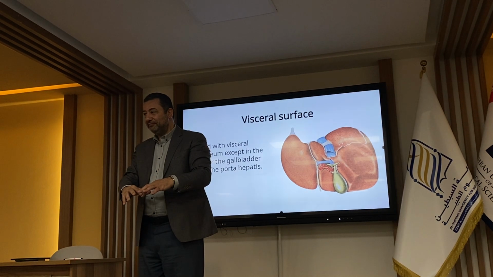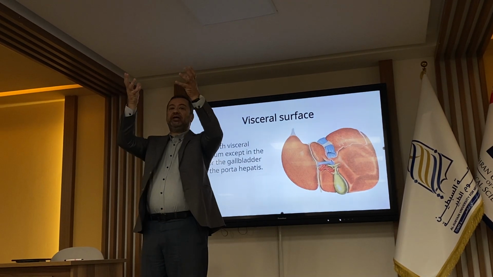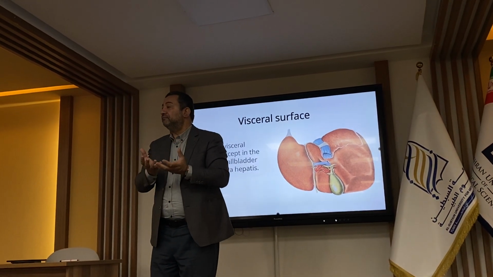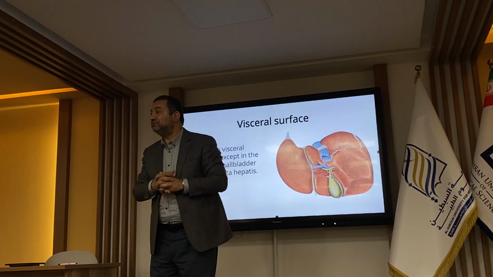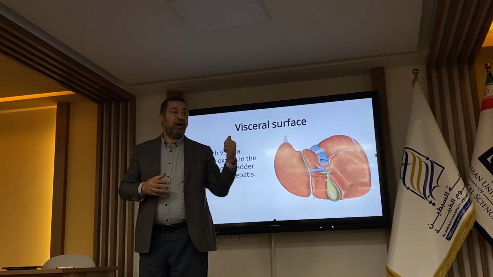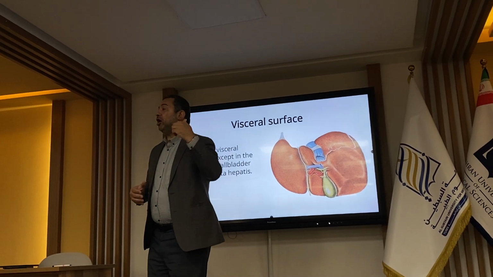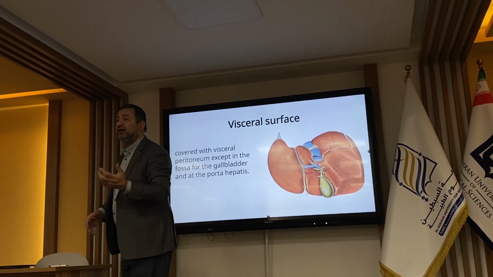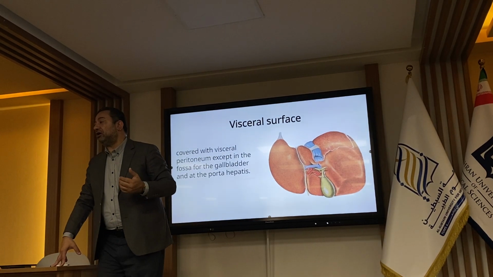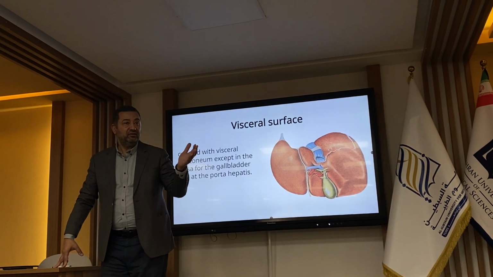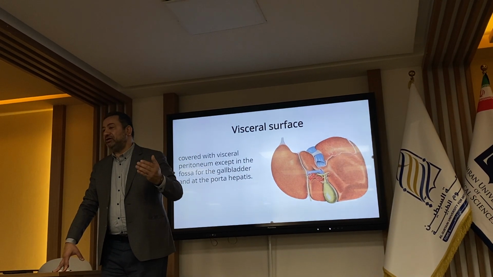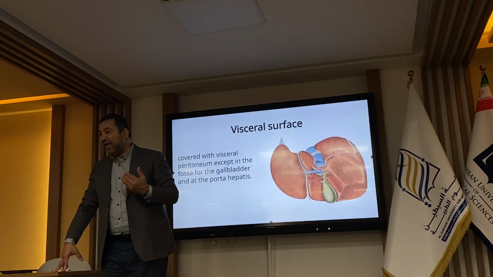Yeah? It's attached to the diaphragm, and visceral peritoneum covers the liver, except the posterior surface that is attached to the diaphragm. This part of the posterior surface of the liver, attached to the diaphragm and without peritoneum, is called the bare area.